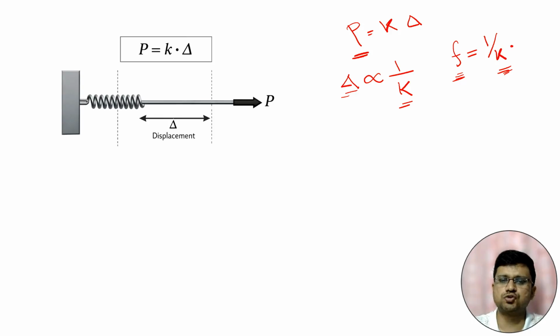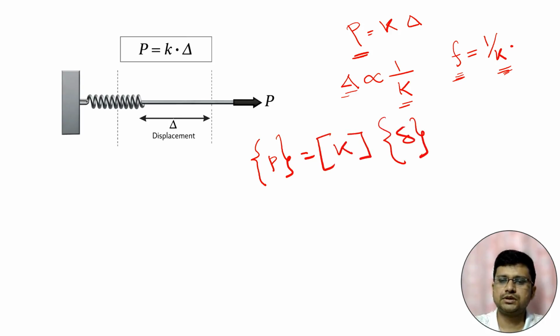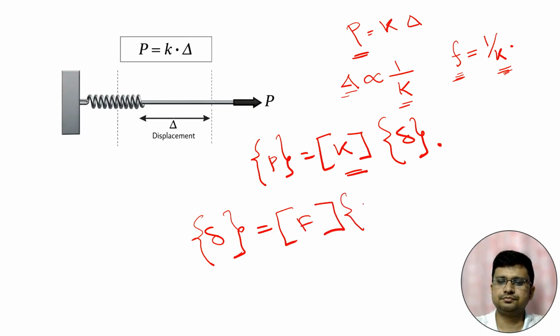Now for matrices also we use the same concept. For matrix, P equals K into delta. Here, P is the nodal force vector, delta is the nodal displacement, and K is the stiffness matrix. For flexibility, it will be the opposite: delta equals F into P, where F is the flexibility matrix.